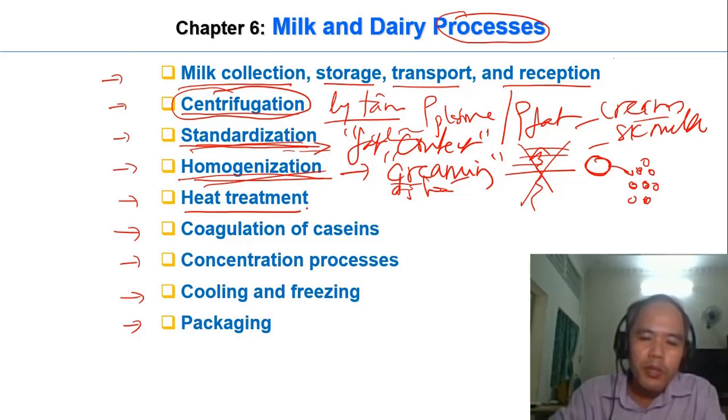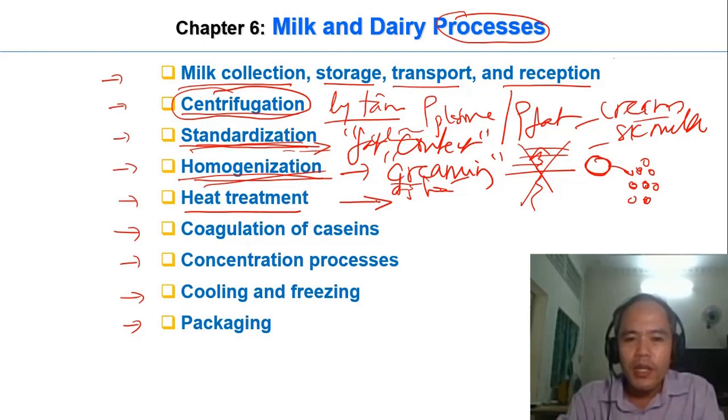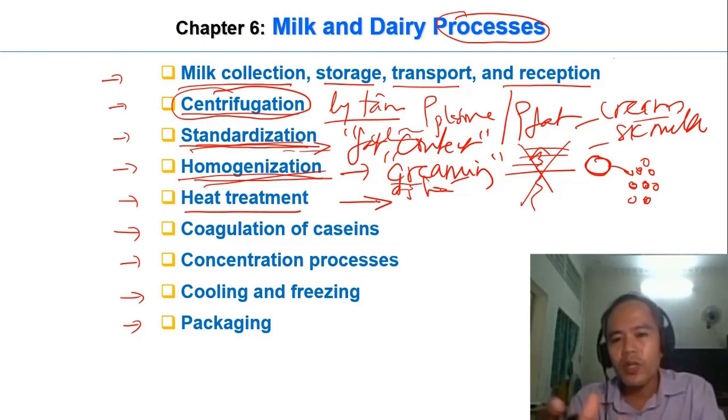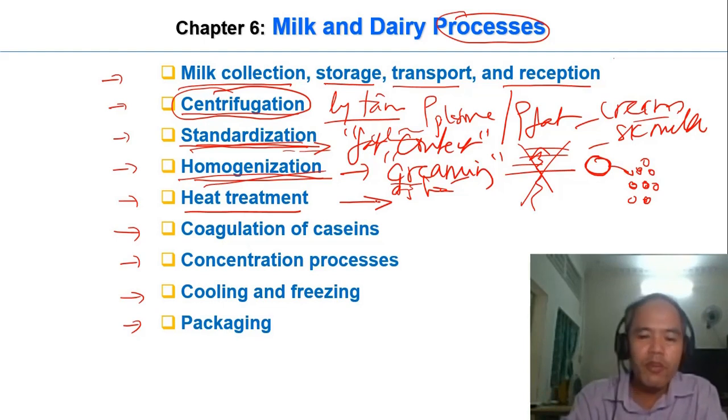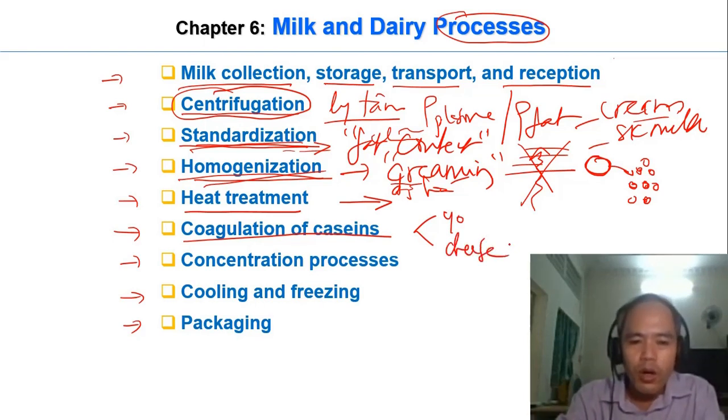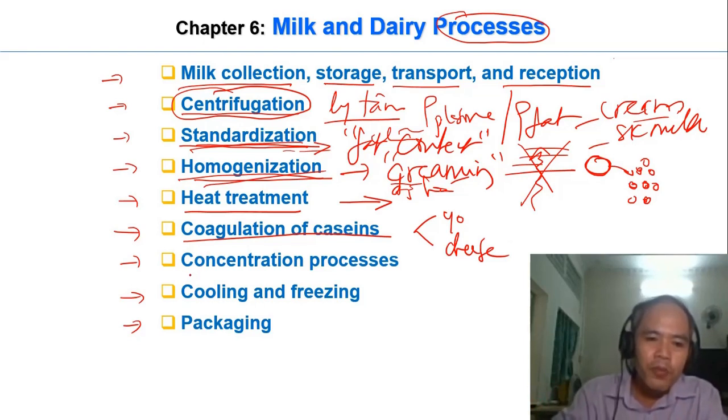And then heat treatment is a process that is applied widely, commonly in the dairy industry, also in the food industry as well. We use heat treatment to destroy microorganisms, to extend the shelf life, to make products safe for human consumption. Coagulation of caseins is a process that's applied in making yogurt or even in making cheese, where we coagulate casein to form the textures of the products.